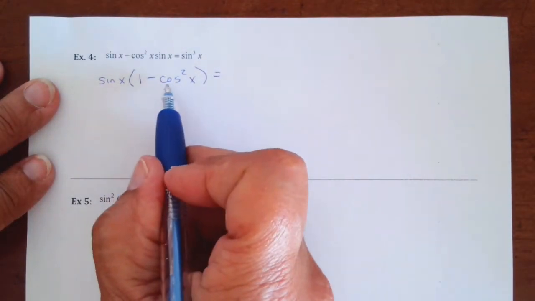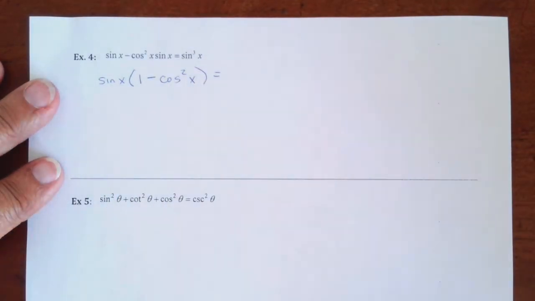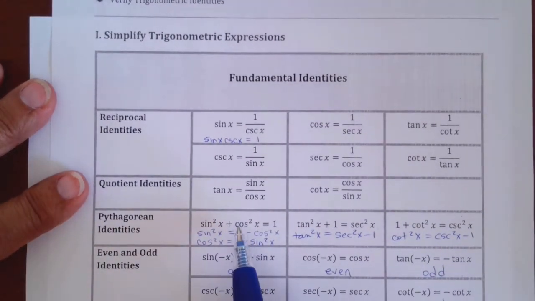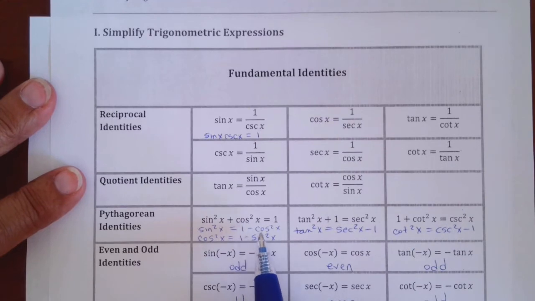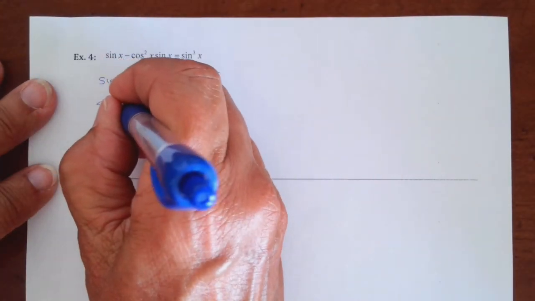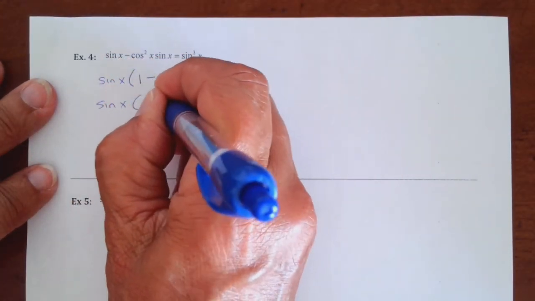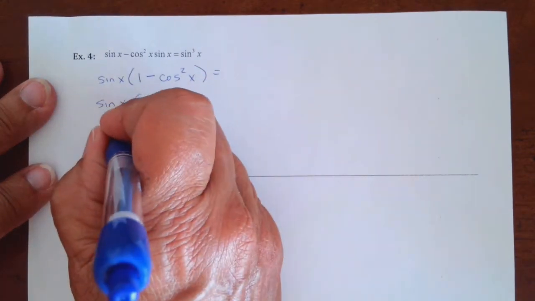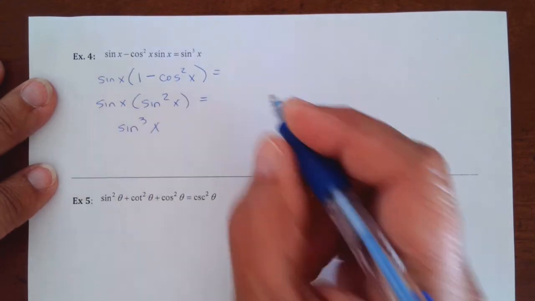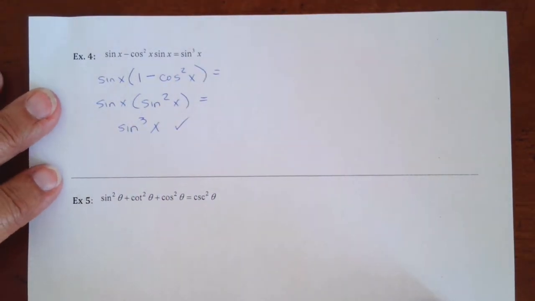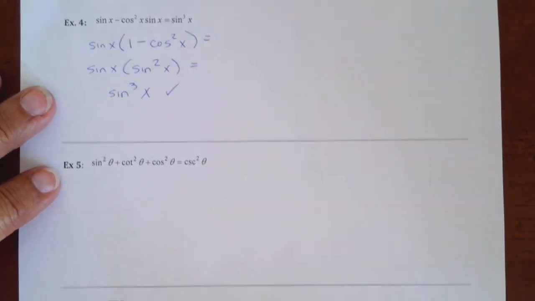That's a Pythagorean identity. 1 minus the cosine squared, right? When you move the cosine over, is equal to the sine squared. So I'm going to replace 1 minus cosine squared with sine squared. And now I have the sine times sine squared, which is the sine cubed. And that's exactly what I was trying to get. Some of them don't take long at all, so it just kind of depends.